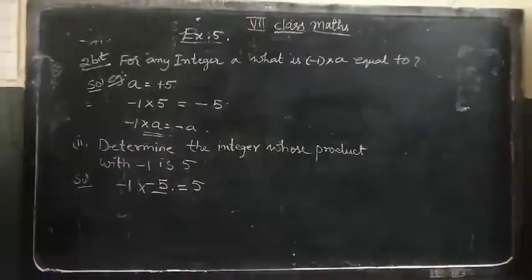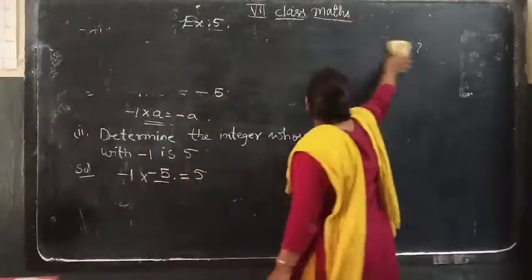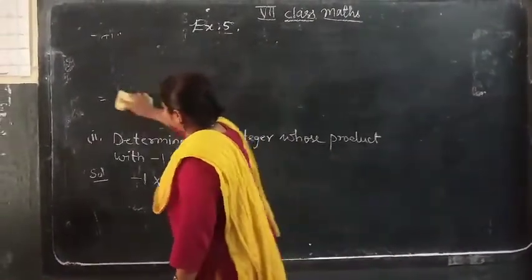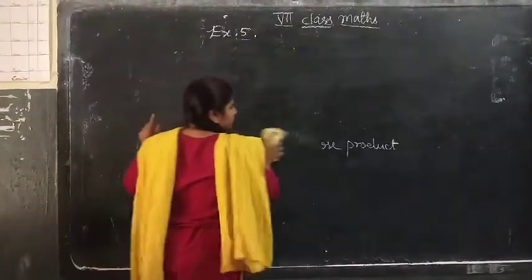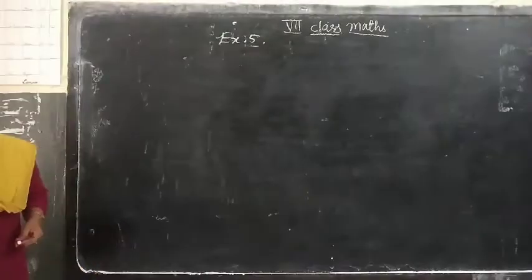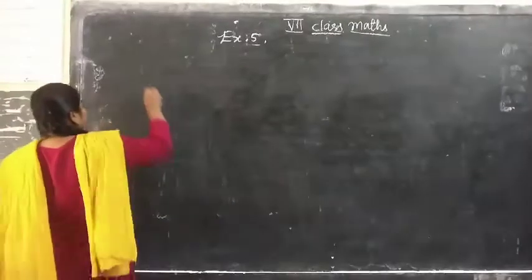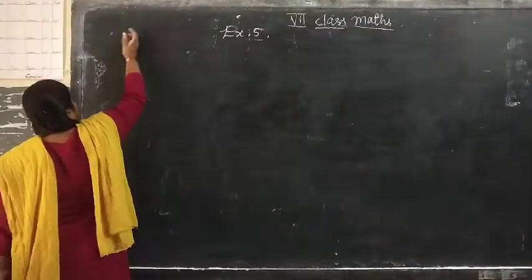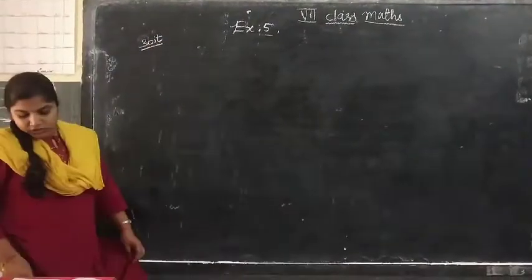So next bit. Next is find the product using suitable properties. Again we are doing the multiplication by using the suitable properties. By using the properties we are doing multiplications again.